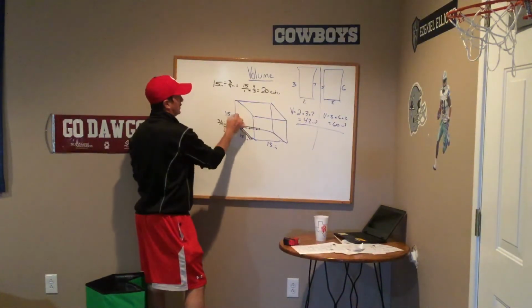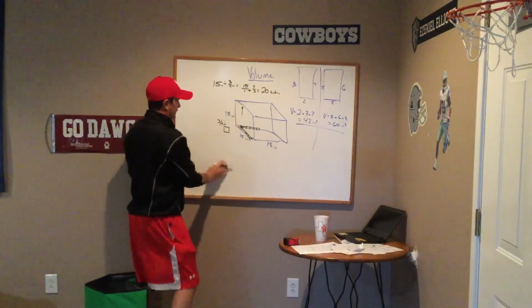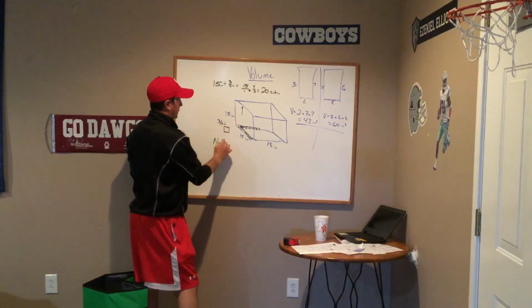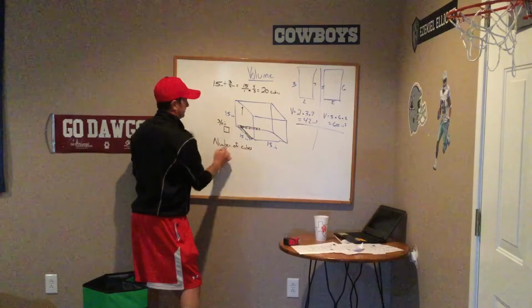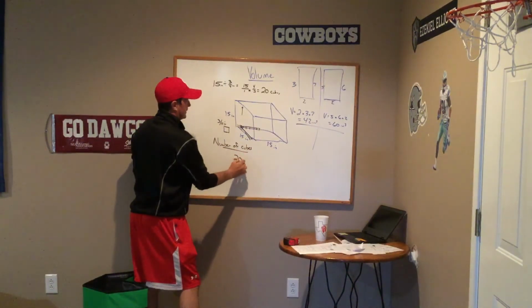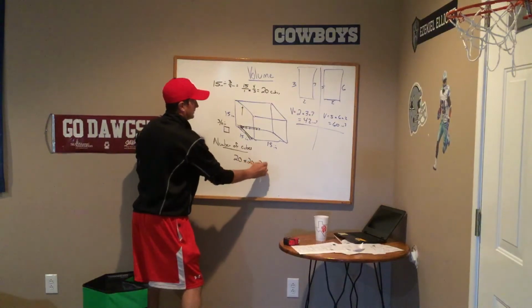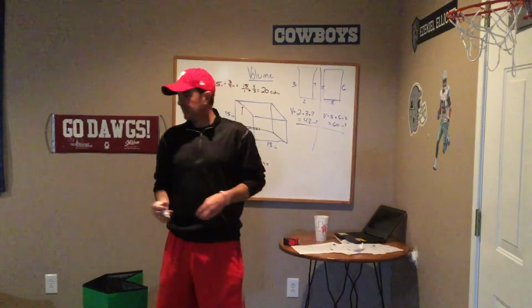And then there would be 20 cubes that could go up. So the number of cubes would be 20 times 20 times 20. That would be the number of 3/4 inch cubes that would fit in that 15 inch.